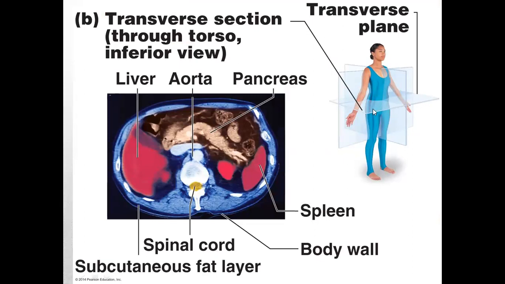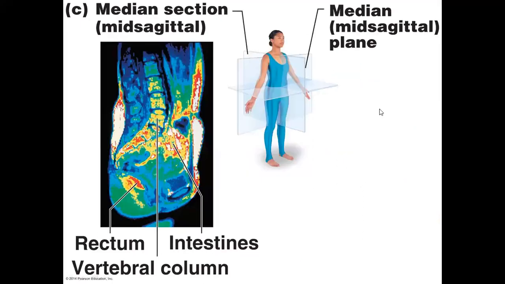It divides your body into two halves, superior and inferior, or upper and lower body. Median or mid-sagittal plane. This is the median or mid-sagittal plane, which divides the body into two equal halves, right and left.